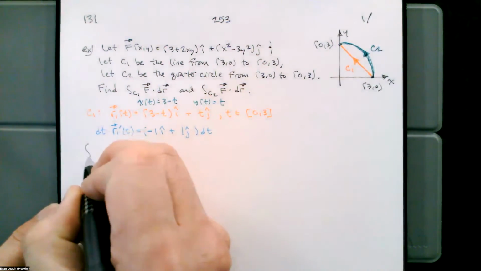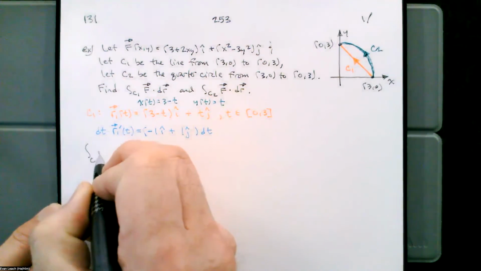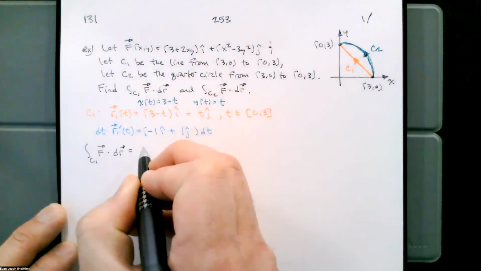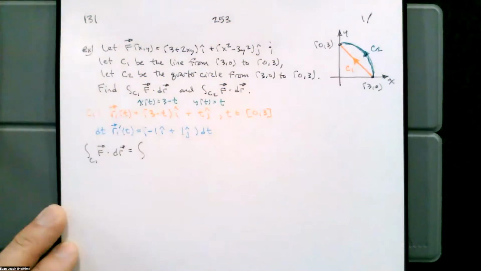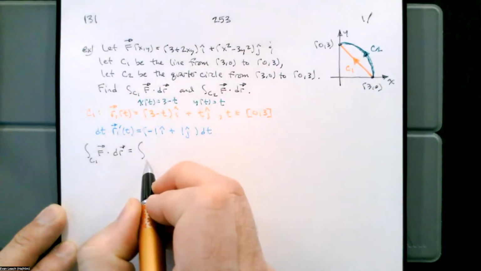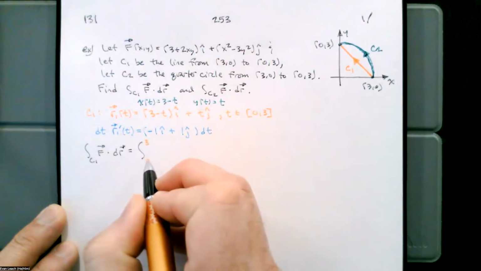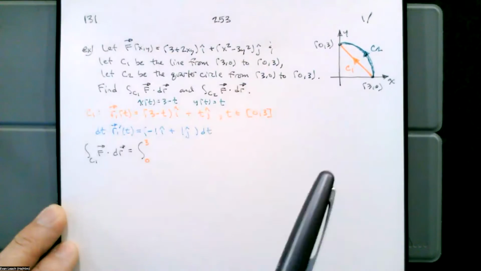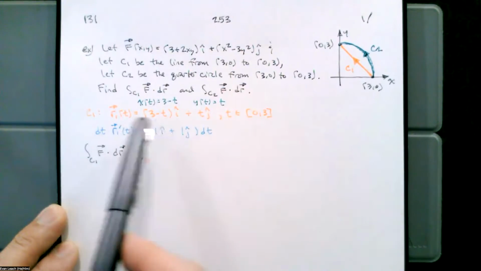So the integral over C1 of F dot dr will be the integral from 0 to 3 of the vector field evaluated on this curve.